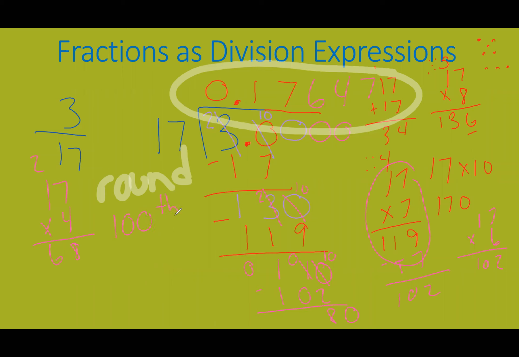And the reason we're doing that is because we're talking about fractions of 100. We're talking about decimals in the hundredths place. And we're talking about percentages. Percentages are in the hundredths. So let me find my hundredths place, which is right here. That's the one I'm going to round, right?